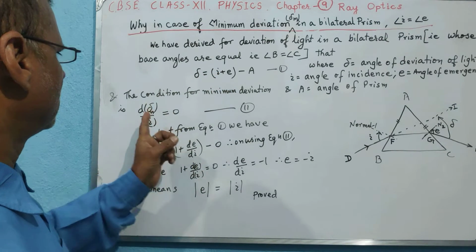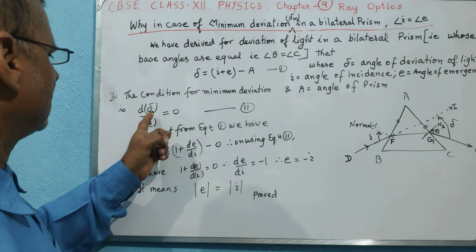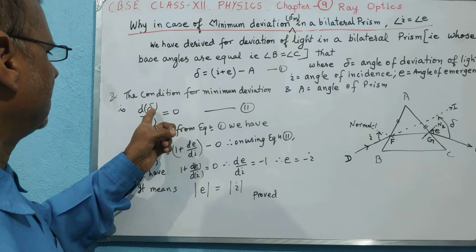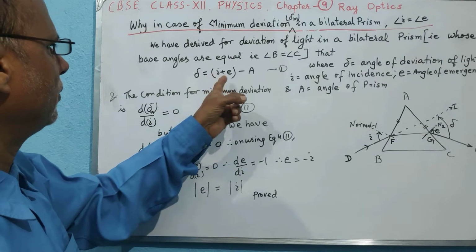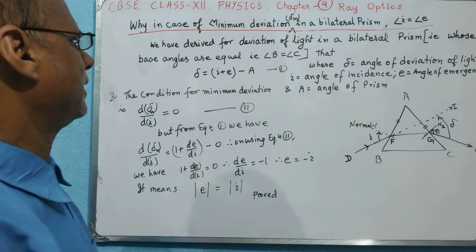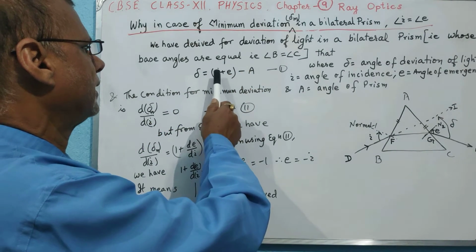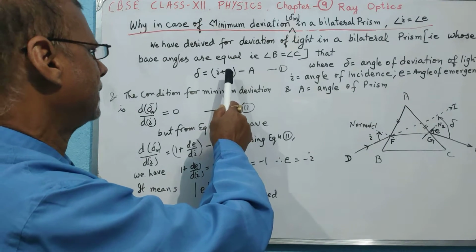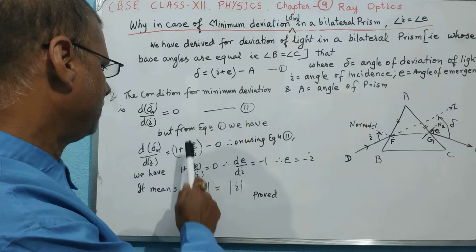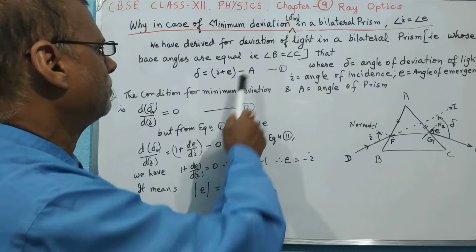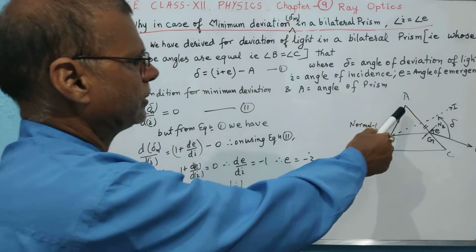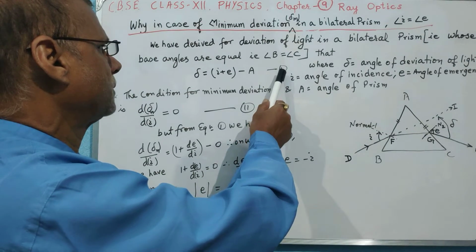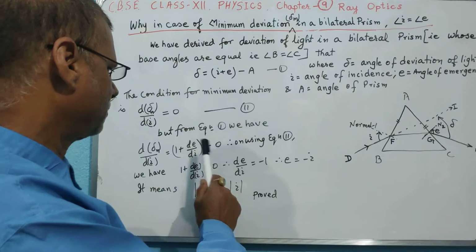So we differentiate. When you differentiate this expression, I with respect to I becomes 1, and E with respect to I becomes dE by dI. Since A is a constant for a given glass prism, the differentiation of this constant must be 0.